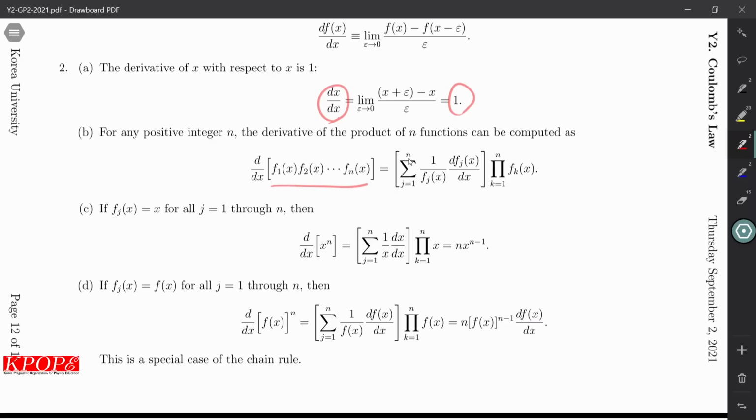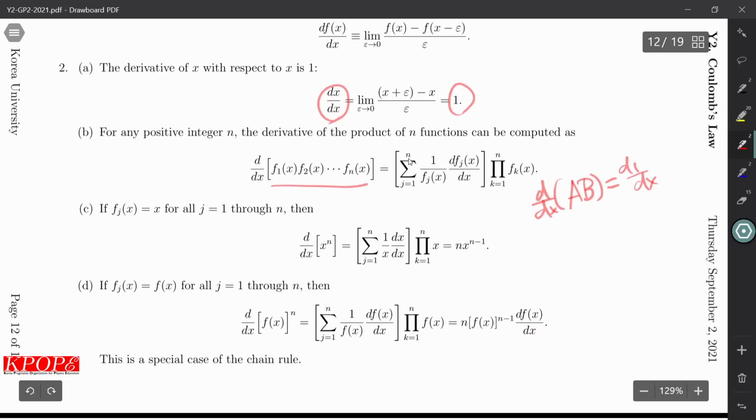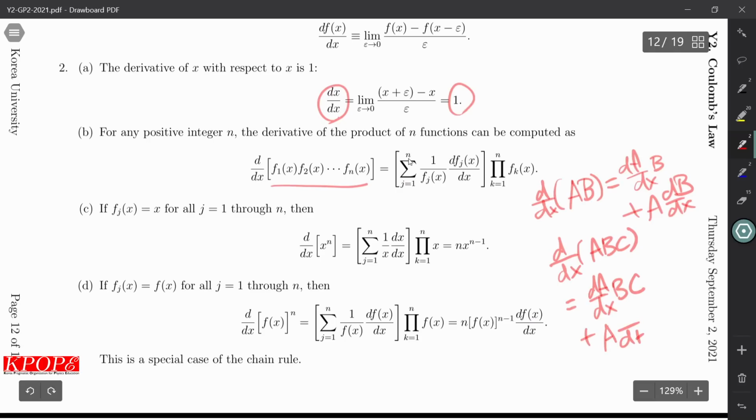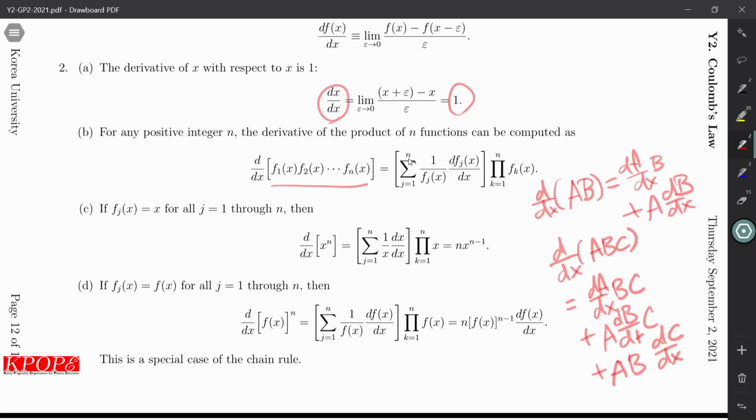For example, the product of A, B, C. In such a manner, if you have a product of functions, you can find the derivative of this function.